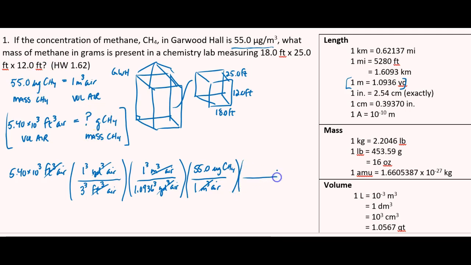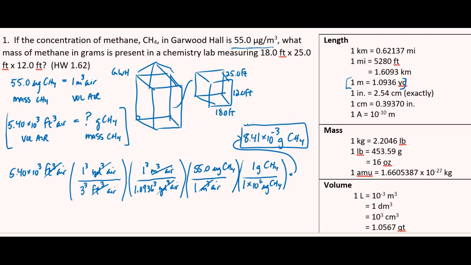So one final step: 1 times 10 to the 6th micrograms of methane are in 1 gram of methane. And I think I'm going to need 3 sig figs in my answer. Let me do the arithmetic. I am getting, and maybe I'll put the answer here, 8.41 times 10 to the negative third grams of methane.